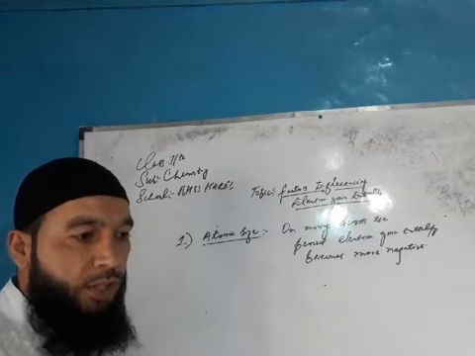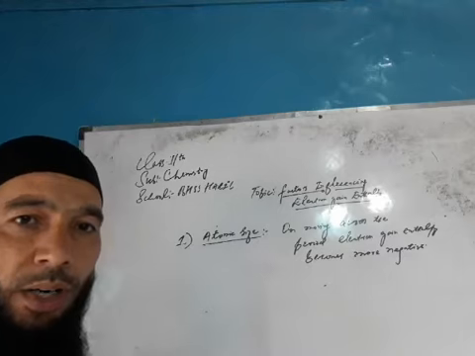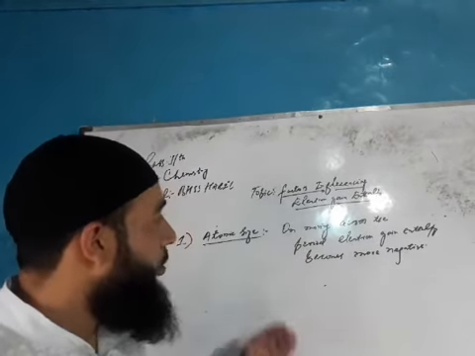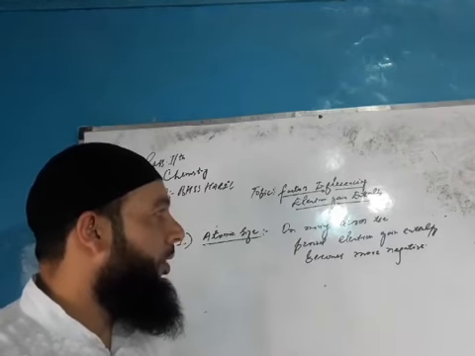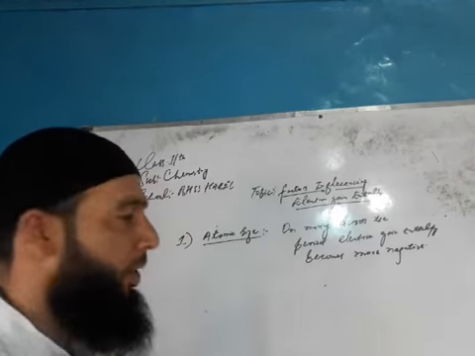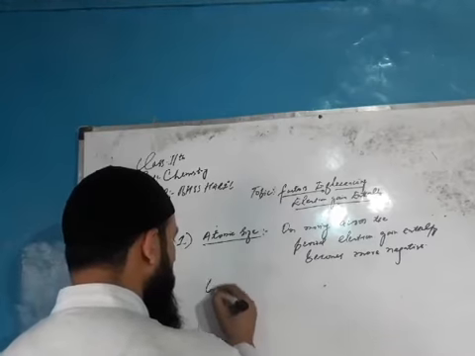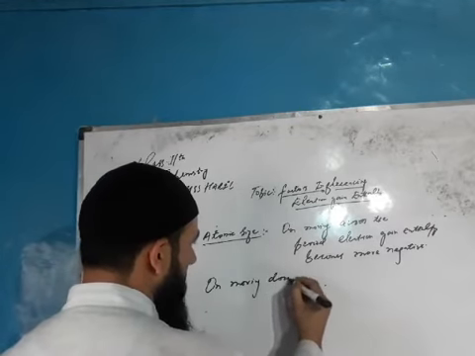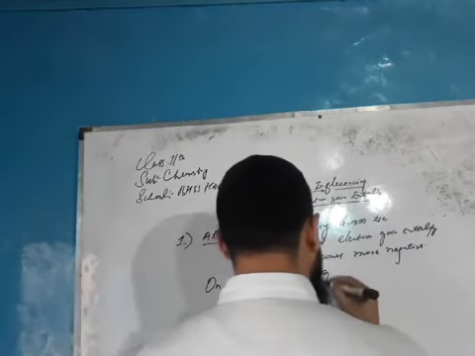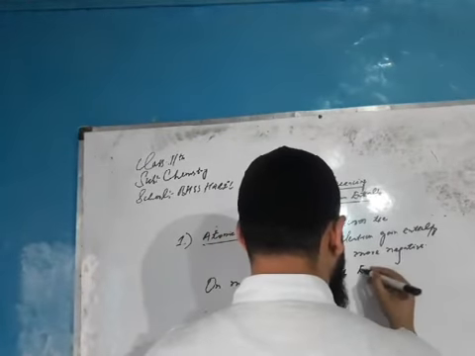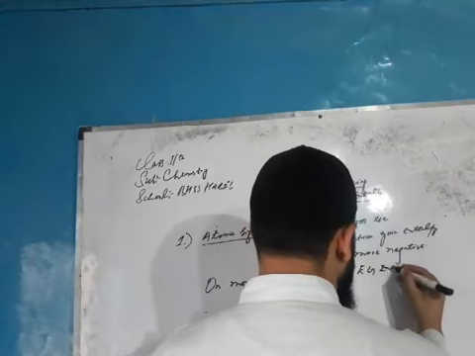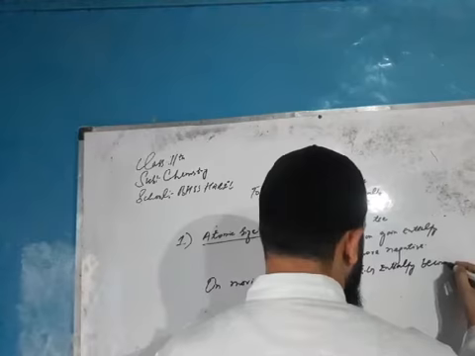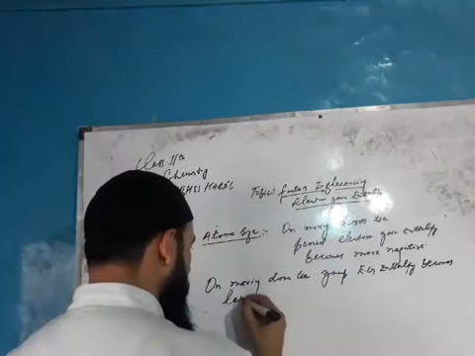Definitely, as atomic size increases, the attraction of the nucleus for the incoming electron is less. So on moving down the group, electron gain enthalpy becomes less negative.